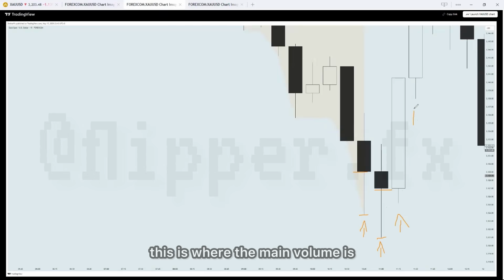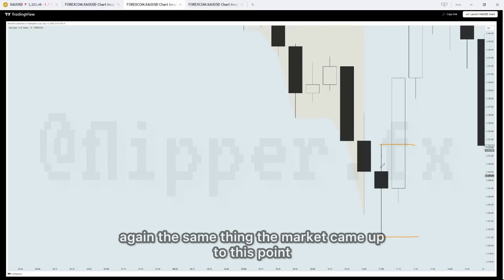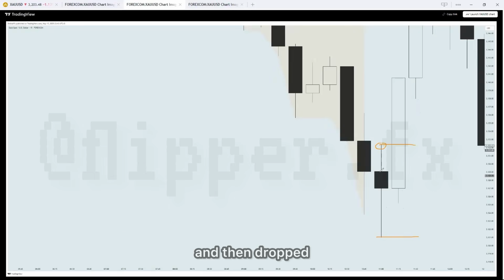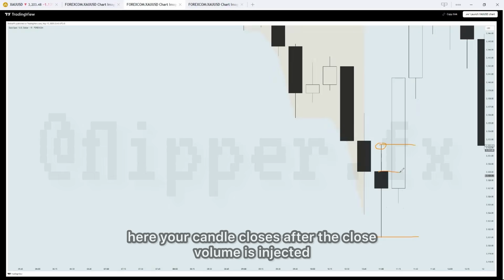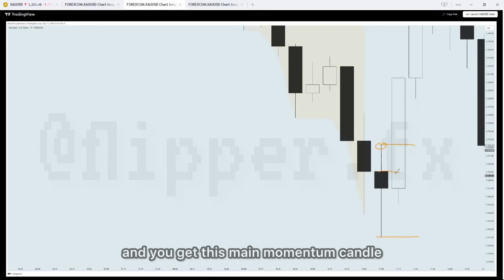This is where the main volume is, and where was that volume injected from? It was injected from this candle. Again the same thing, the market came up to this point and then dropped. Here your candle closes. After the close, volume is injected and you get this main momentum candle.